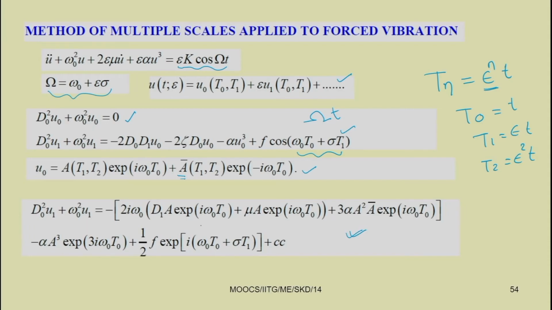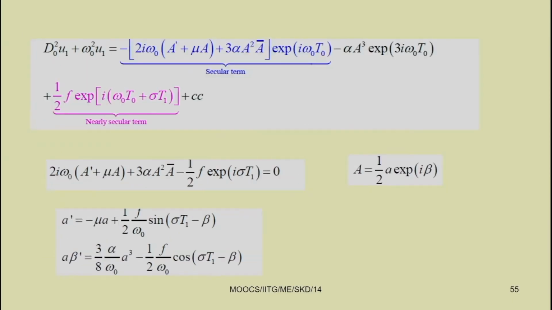For example, the terms containing e to the power i omega 0 T0, as the coefficient of u1 equal to omega 0 square, will tend the response to be infinite. Those are the secular terms, and we should eliminate those secular terms to find the solution. Here you can see this is the secular term, which is the coefficient of e to the power i omega 0 T0.